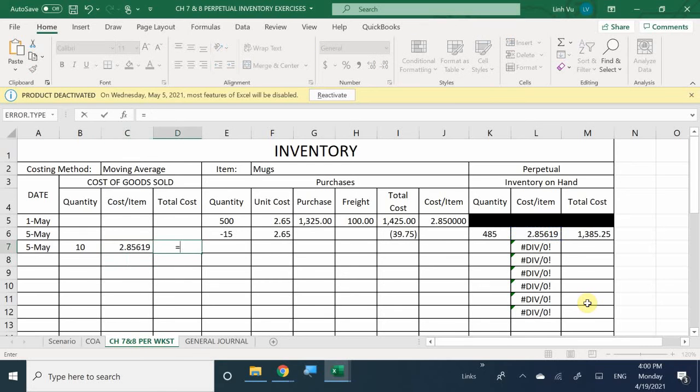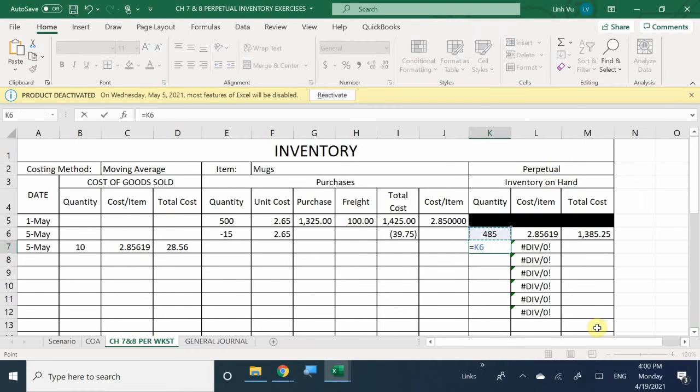Okay. Once again, we're going to do equal round because that's not a nice number, comma 2. So how much is my total cost of goods sold? 28.56. Good.